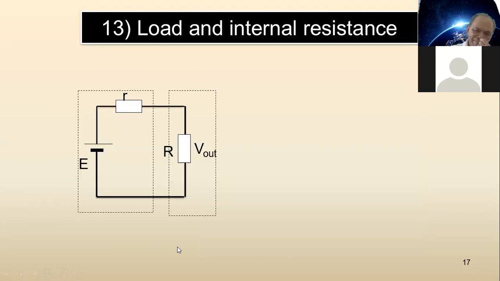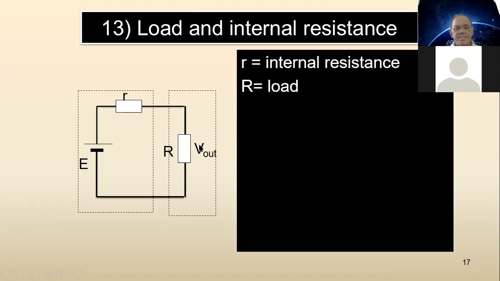Okay, let's go to understand some of the AS physics that you have learned. There's your source of EMF, right? The source has an internal resistance. r is the internal resistance. R is the load. E is the EMF of the cell, which is constant.